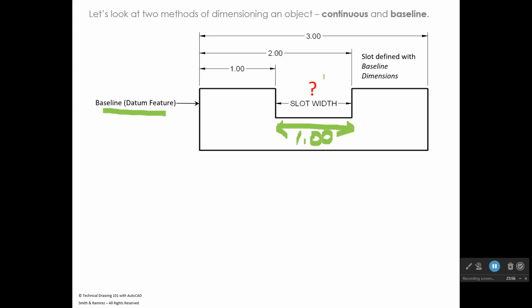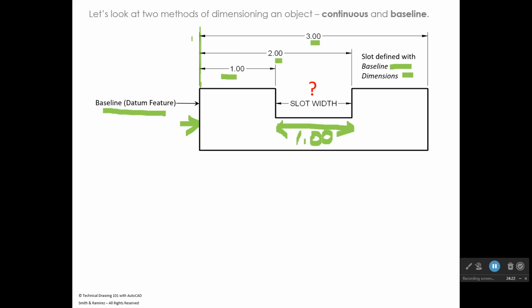And the way that we've dimensioned this part is what's called a baseline dimension. What a baseline looks like is this. You define a baseline feature, and in this case it's this plane right here, and then the dimensions all come off of this baseline right here. So we have our 1.0, our 2.0, and our 3.0.